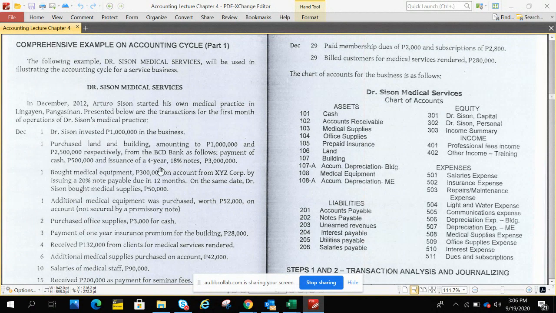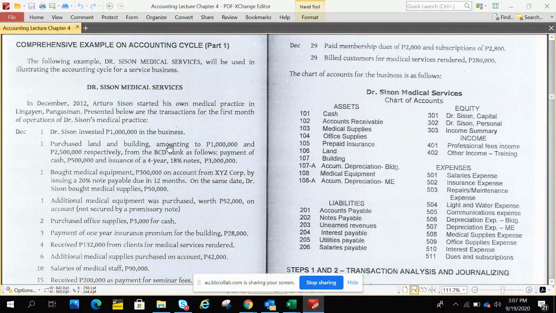The year, ano ba yung 4 year na nakalagay na yan? Yan yung term ng note. Ibig sabihin, 4 years niya bago mabayaran yung 3 million pesos. Yung note na yun, that is a promise to pay or that is an evidence that the company will pay the 3 million debt within 4 years with an interest rate of 18% for 1 year or annual 18% interest.